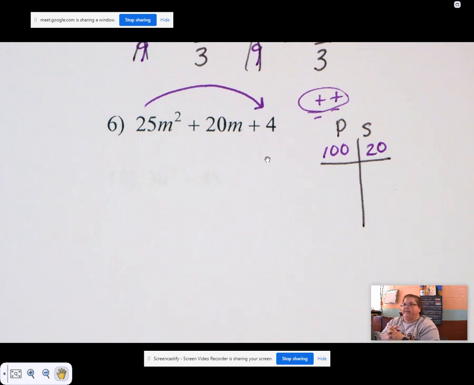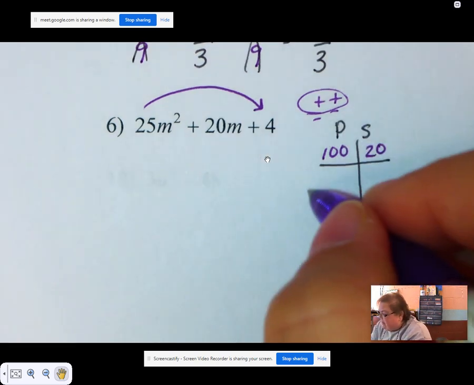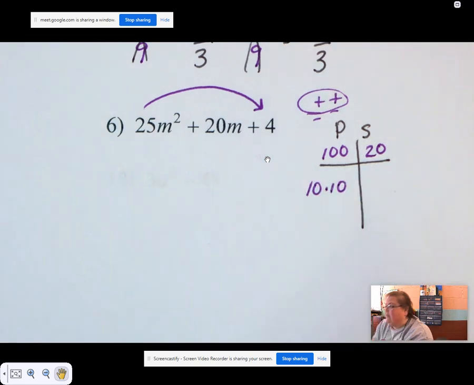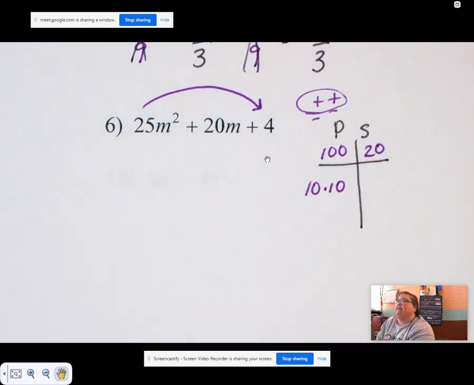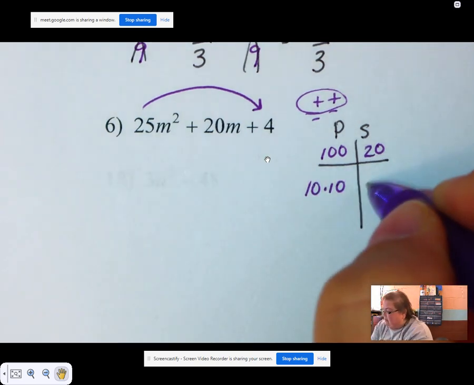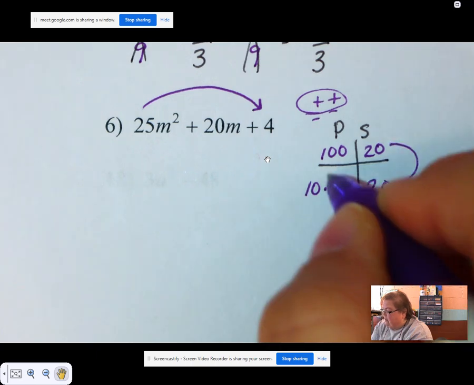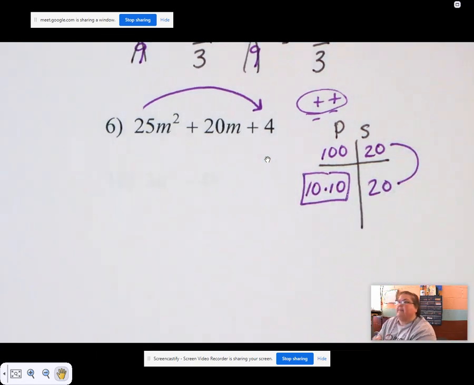Is it 1? Is it 2 times 50? Is it 4 times 25? Is it 5 times 20? What is it? 10 times 10. And 10 plus 10 is 20. Found them. Those are my factors.